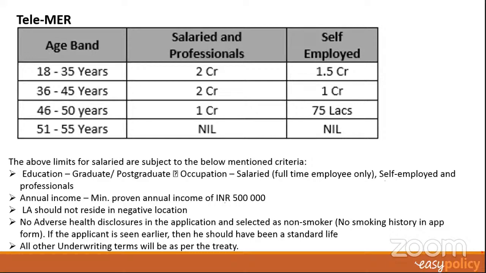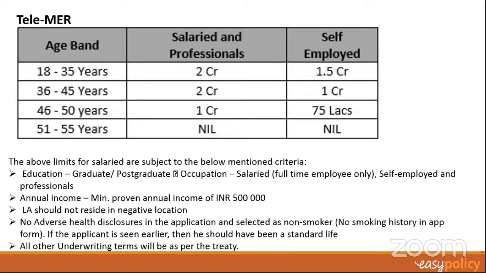Similarly, if a person is between 46 to 50, he can take up to 1 CR of cover, and he is eligible for telemedical if he is salaried or professional. If the same person is self-employed, he can take up to 75 lakhs of cover based on the telemedical.